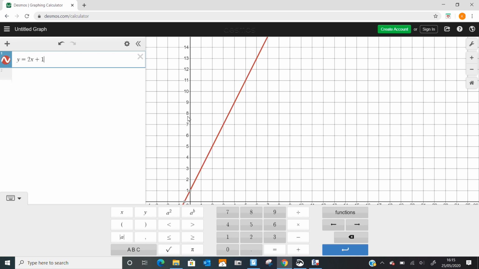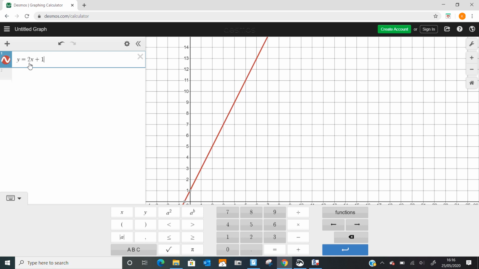If you remember from the last video on gradient, the gradient of a line is 1 along, 2 up for this one here, so that would be a 1 on the bottom and a 2 on the top of a fraction, which would give us a gradient of 2.